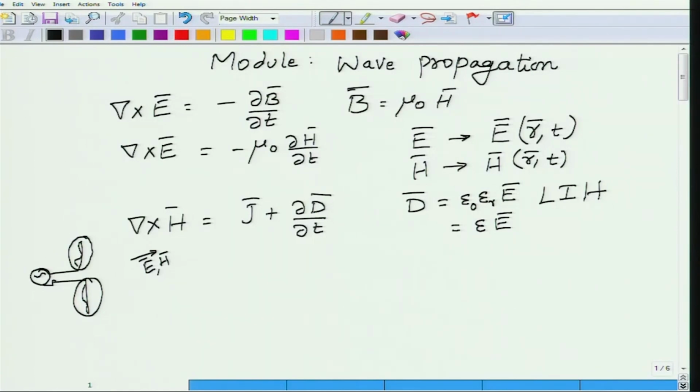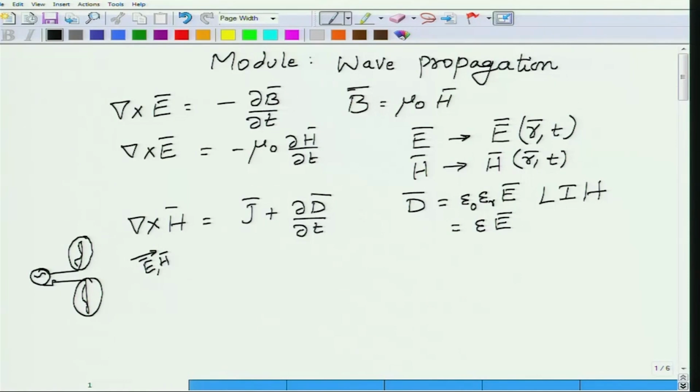antenna surface. But what we will be assuming is that we are very far away from this region. No doubt currents are there. Currents are the reason why we have magnetic and electric fields and hence the electromagnetic waves, but we will be considering the electromagnetic field behavior or electromagnetic wave behavior at a very far away distance.